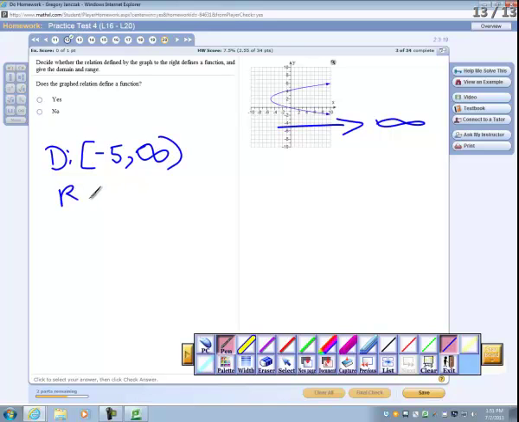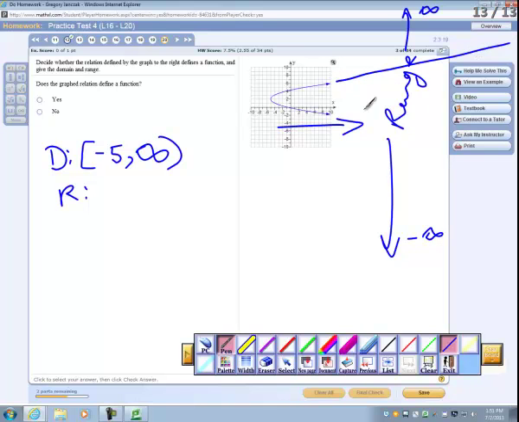And how about the range? Does that go on forever, positive infinity to negative infinity? Does that go on? Yeah, it does. This keeps going, higher and higher and higher.